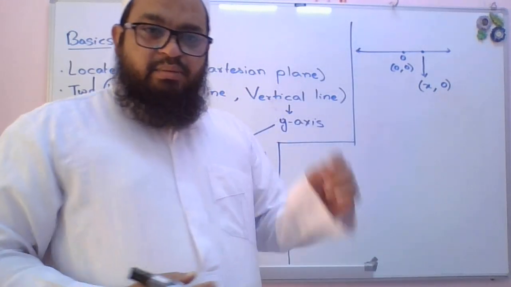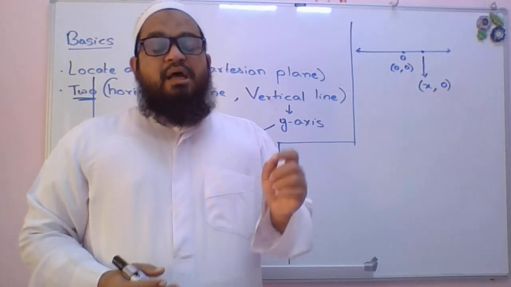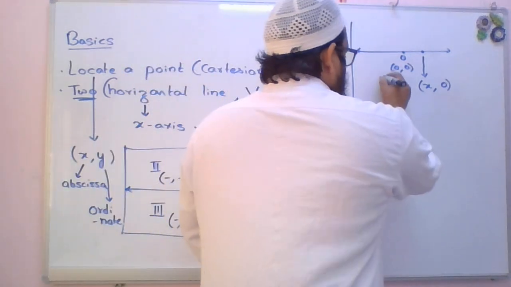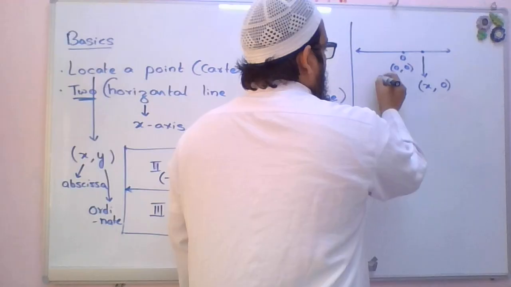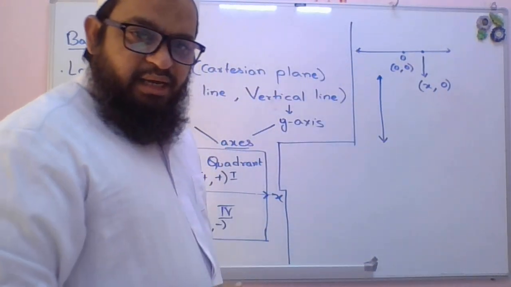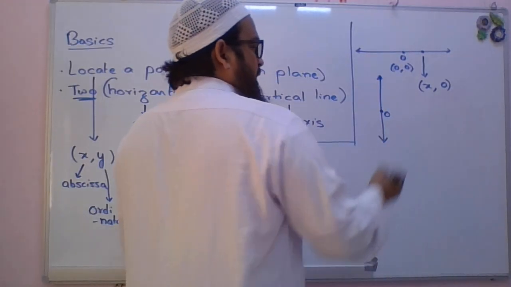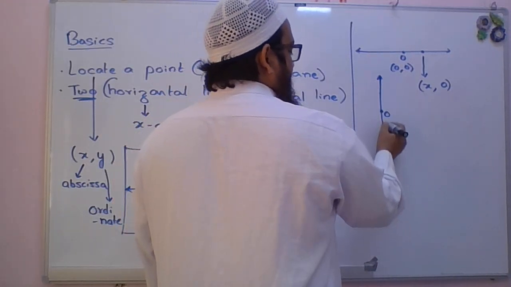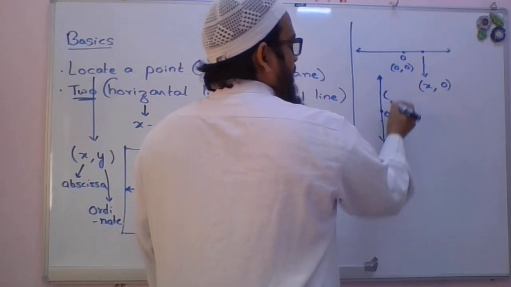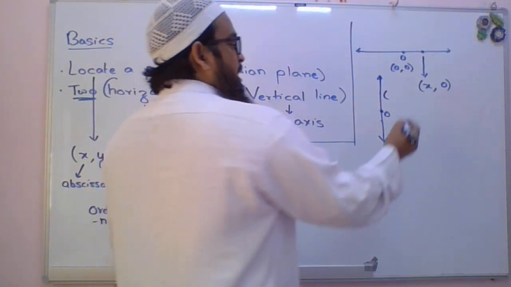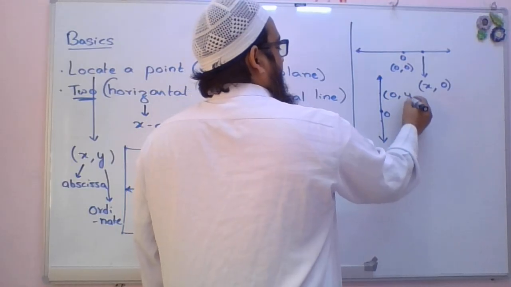If you take any point on the x-axis, the y coordinate is always 0. And conversely, when we take any point on the y-axis, anywhere here, the coordinates of a point on the y-axis will be (0, y).